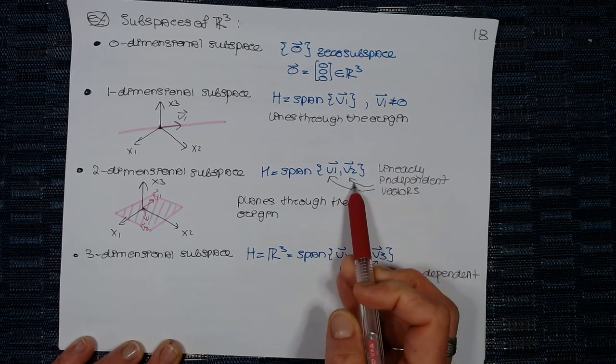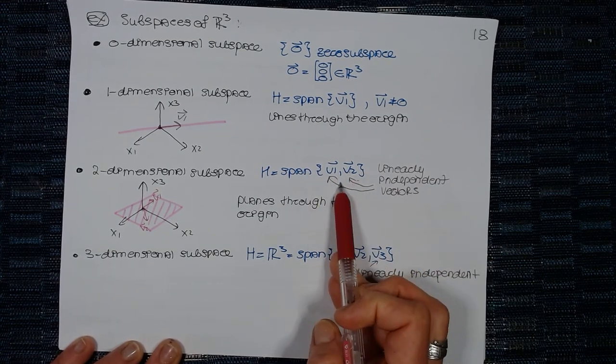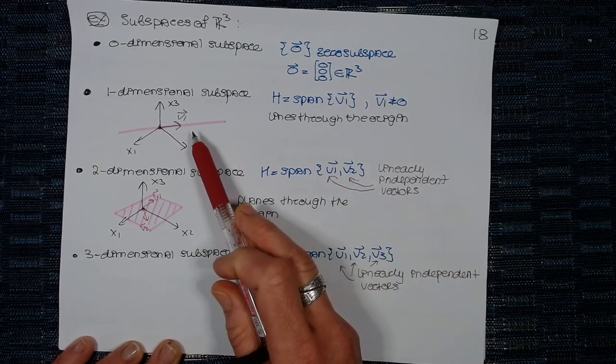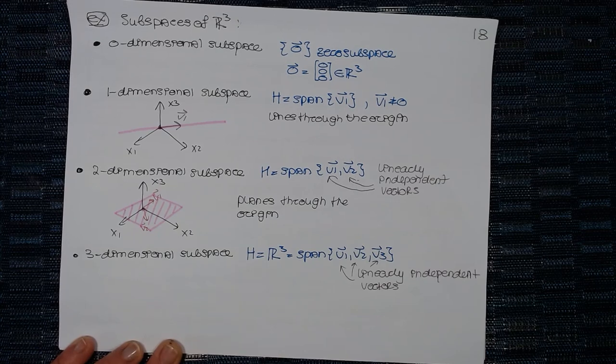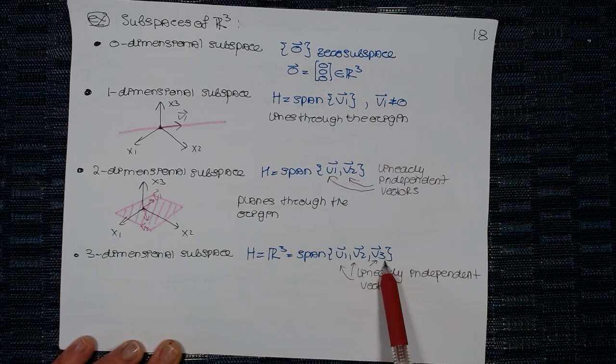So provided those vectors are linearly independent. If those vectors are linearly dependent, it's basically the span of just one vector and again the line through the origin. Right? And the very third case is basically the subspace is a vector space itself, right? When my H is R3 itself, this would be the span of three linearly independent vectors in R3.